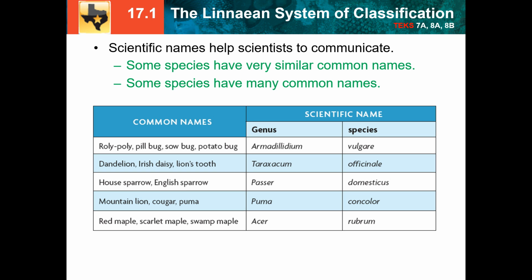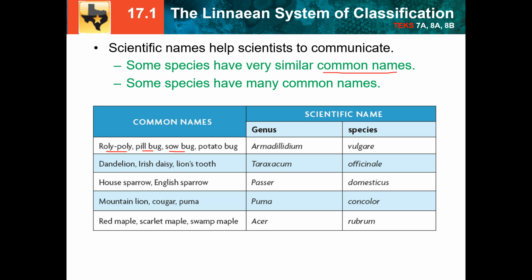Again, these names help scientists communicate. If you use common names like roly poly, some common names sound really similar. Some people call it roly poly, some people call it pill bug, or potato bug. I didn't know roly poly was called a potato bug.